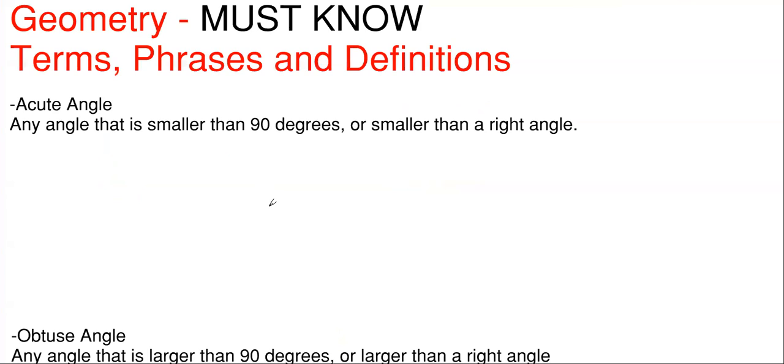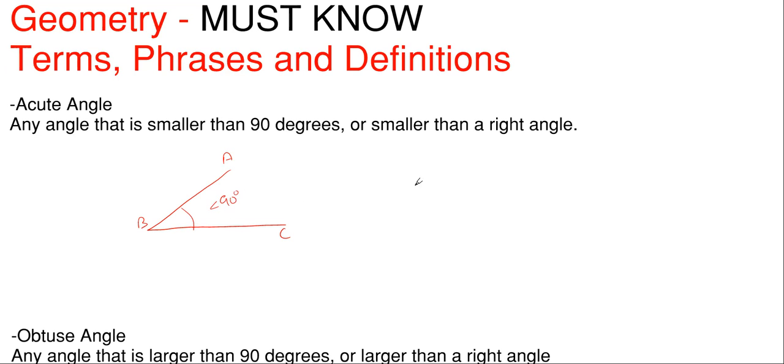So moving on to our second page of terms here, we have an acute angle. An acute angle is any angle that is smaller than 90 degrees or smaller than a right angle, which a right angle is 90 degrees. So you would have an angle of a line segment, for instance, that would look something like this, where this angle right here is less than 90 degrees.